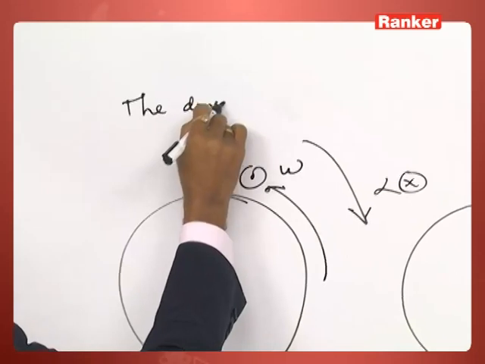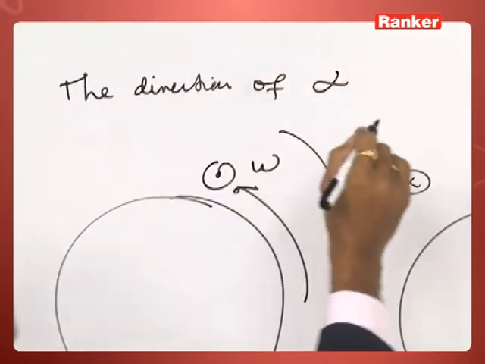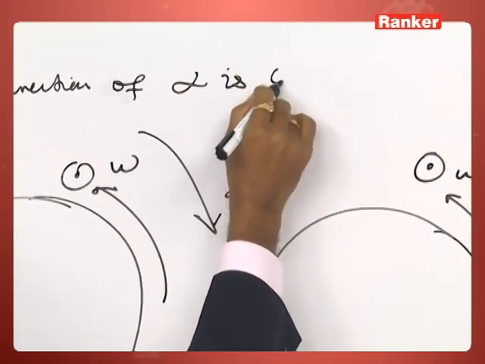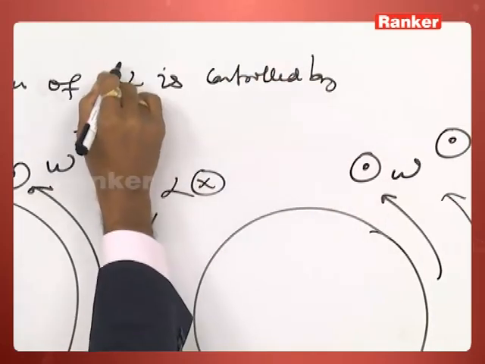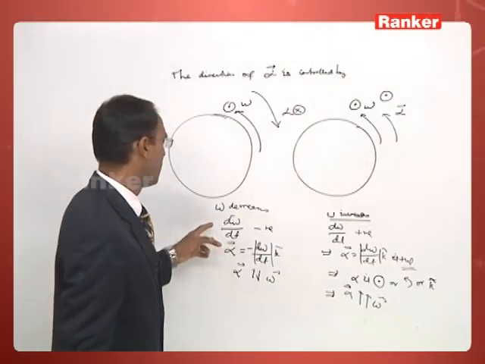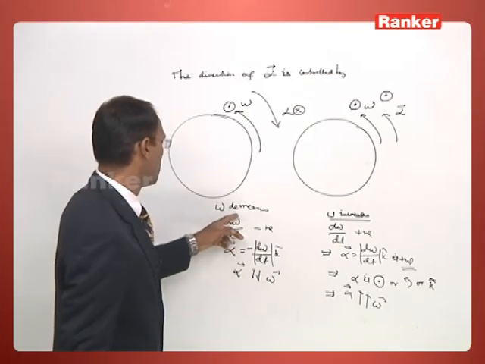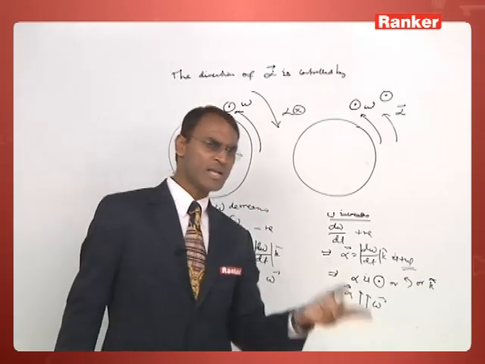The direction of alpha is controlled by the rate at which omega is changing. When you use the word change, it may decrease, it may increase.